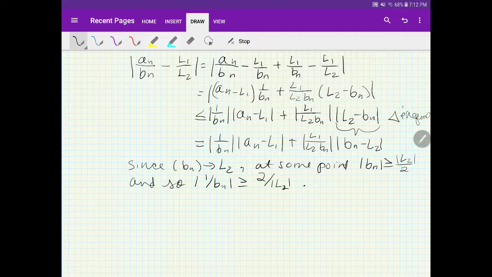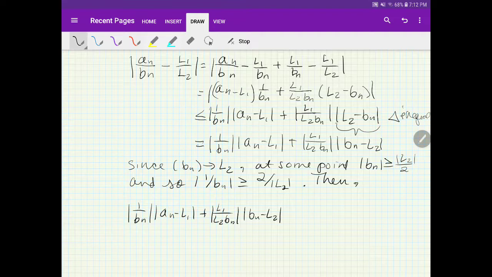So then we're going to use this to rewrite again. So we had 1 over b sub n times a sub n minus L1 plus L1 over L2 b sub n times b sub n minus L2.